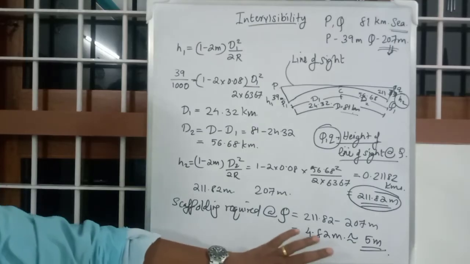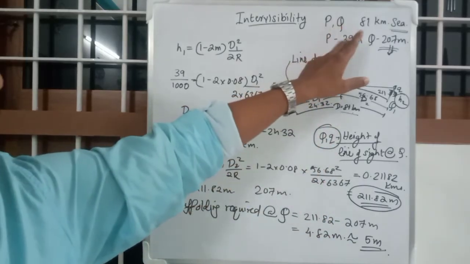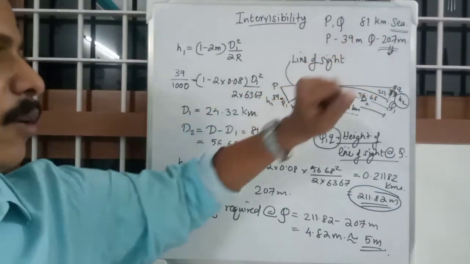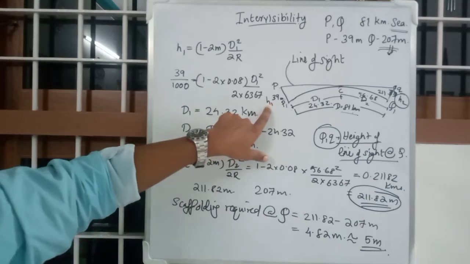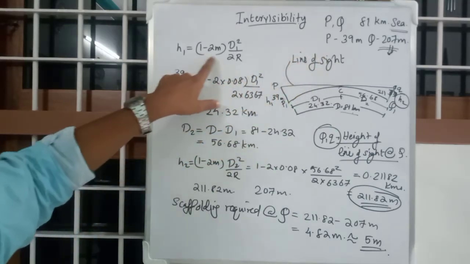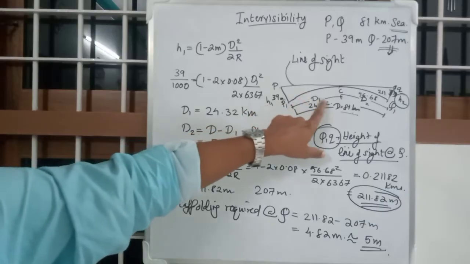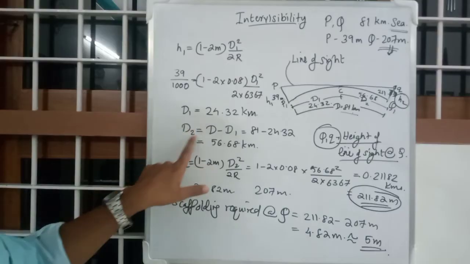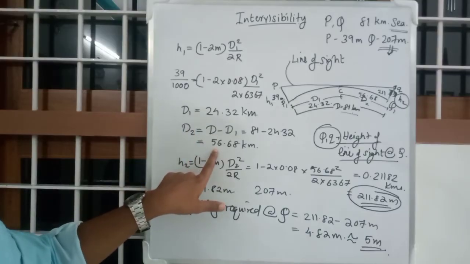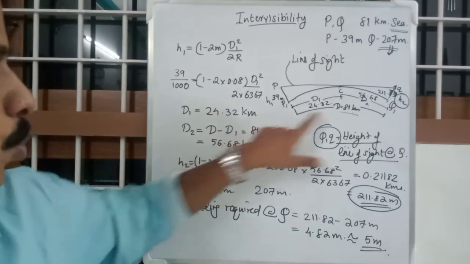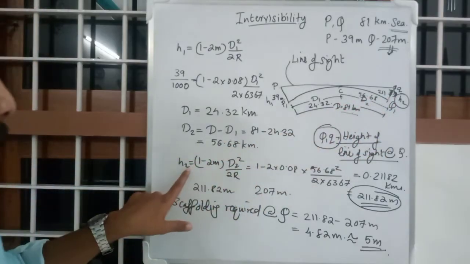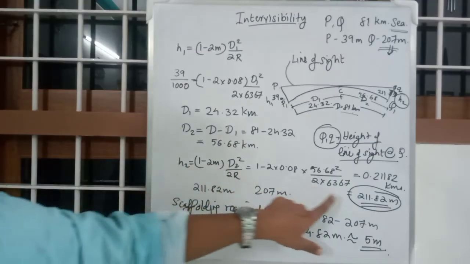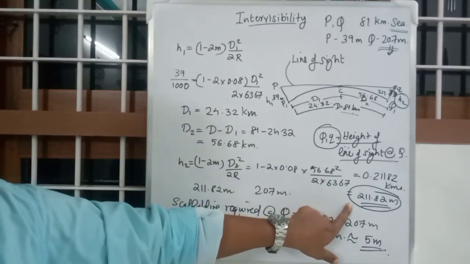I hope you understand this. We had two stations P and Q, intermediate site 81 kilometers at C. P and Q height was given. We took H1 as 39 at P and calculated D1, and from D1 and D we calculated D2. Then using that D2 we calculated height of line of sight H2, and that value was 211.82 meters.